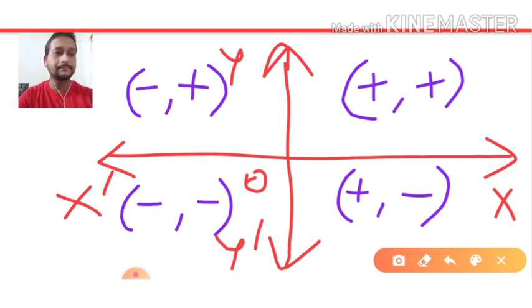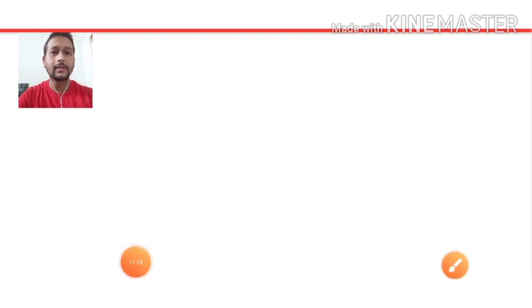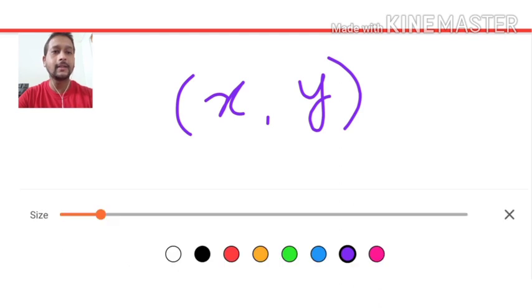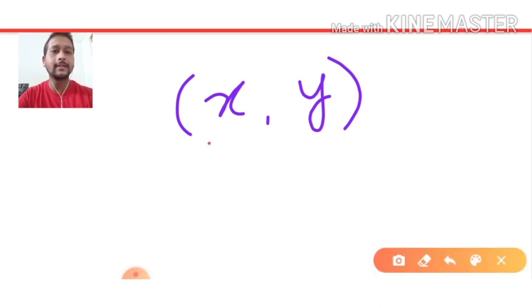Coming to this coordinate, x comma y: this is the x coordinate, and this is the y coordinate.